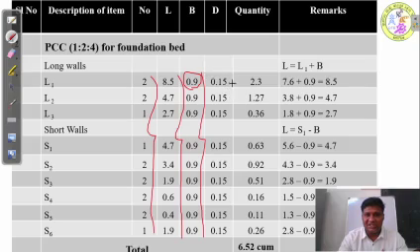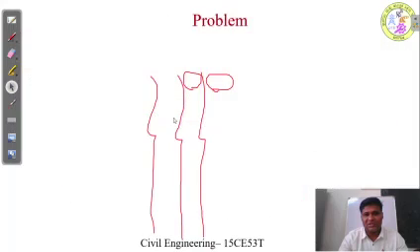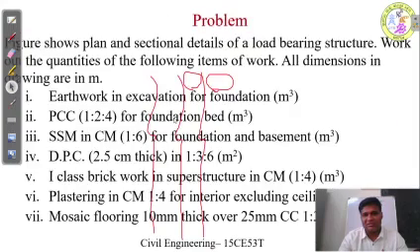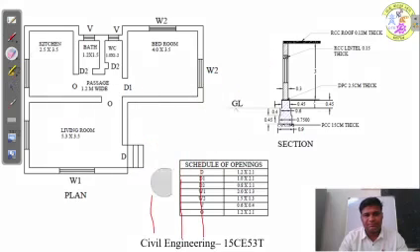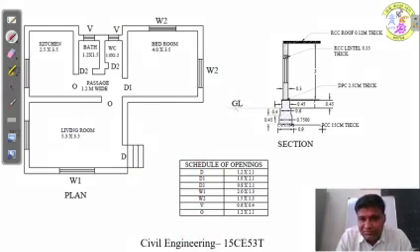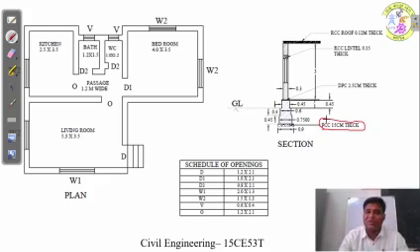Only change is the depth, because in the section you can see the depth of PCC. How much is it? 15 centimeters, that is 0.15 meters is the thickness of the PCC.